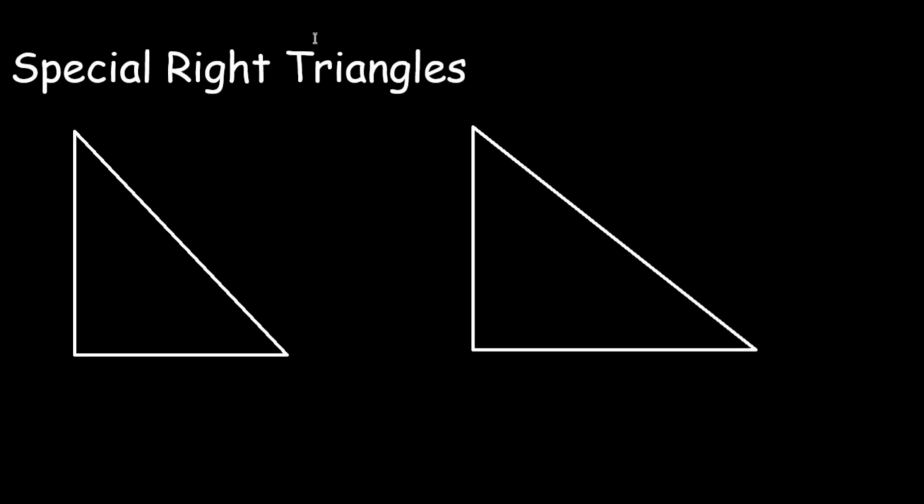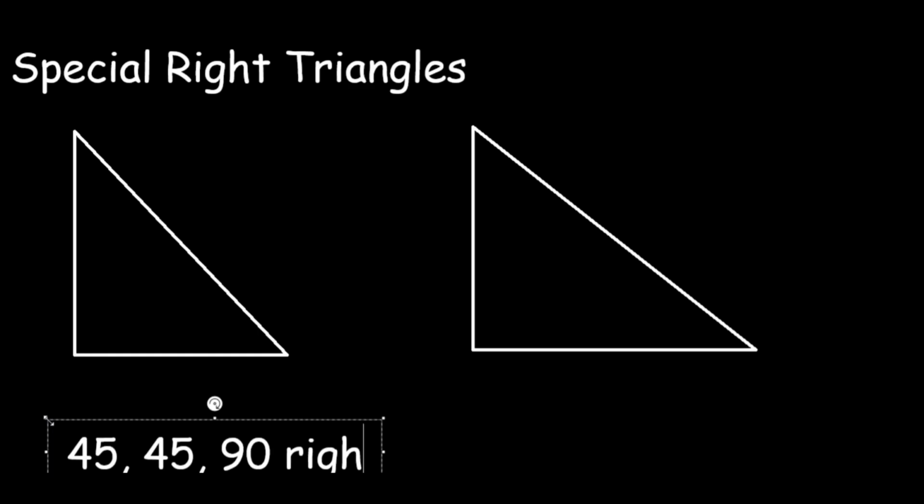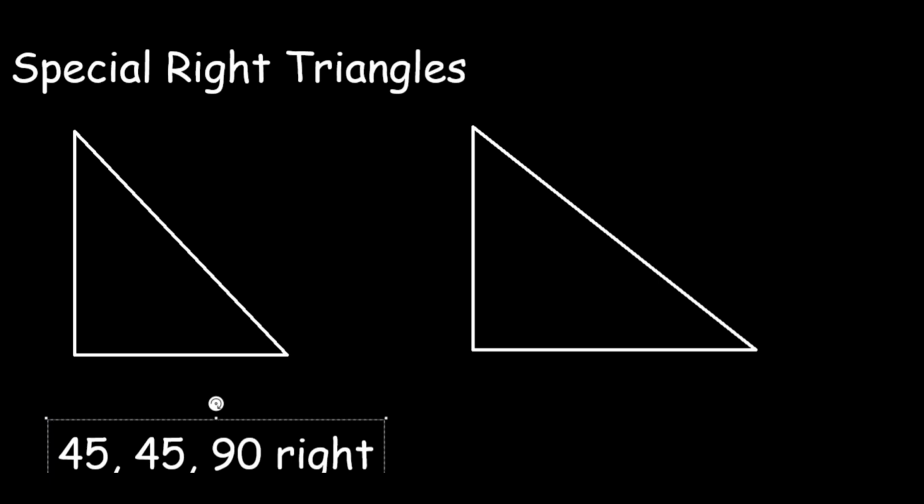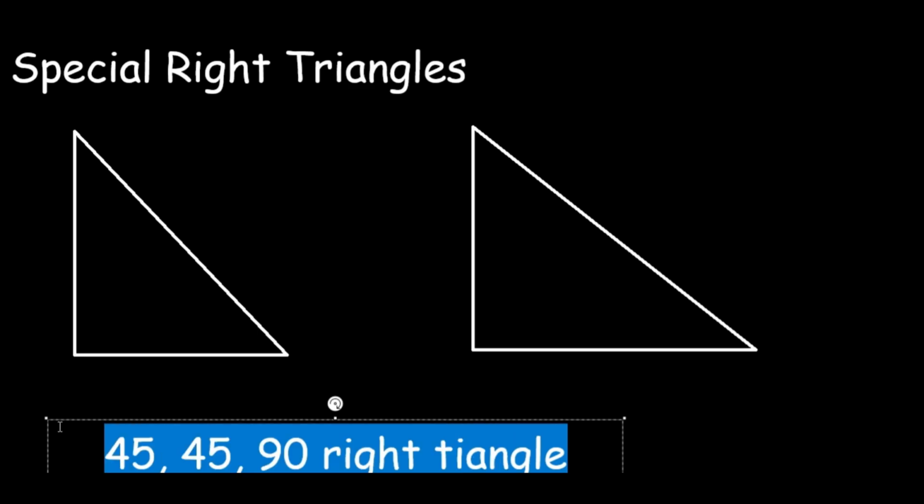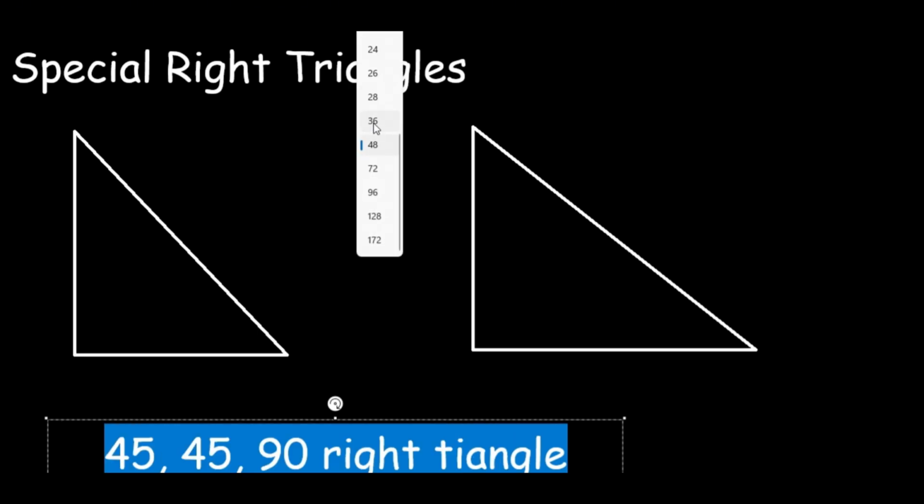Alright, so we have our special right triangles and we're going to go over their ratios. As you know, there are two different types of right triangles, which will be the 45, 45, 90 triangle, which we have right here.